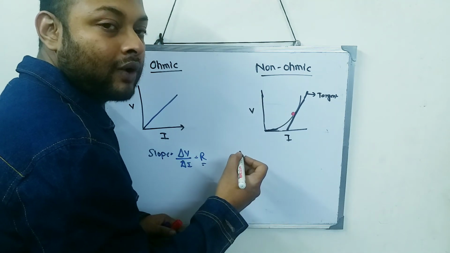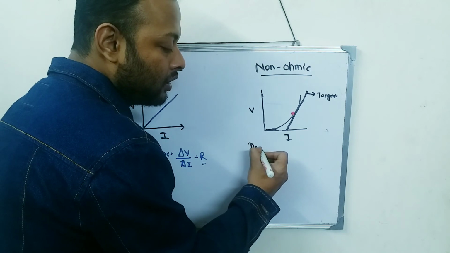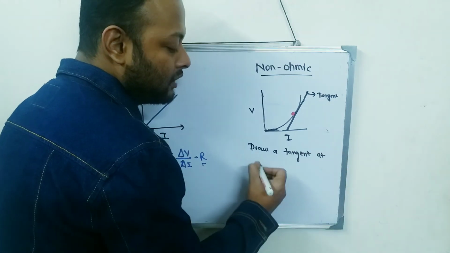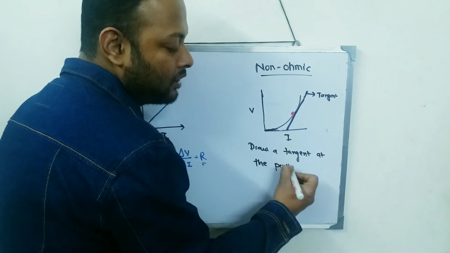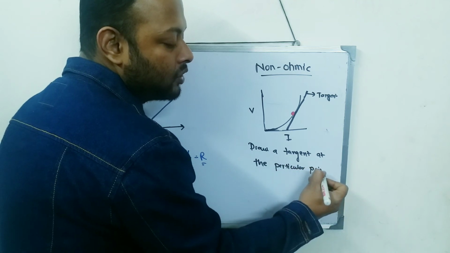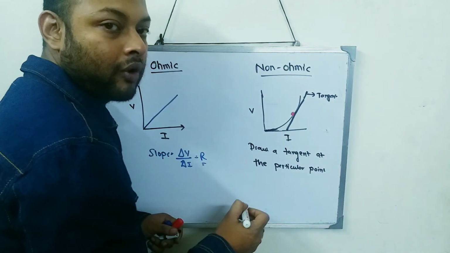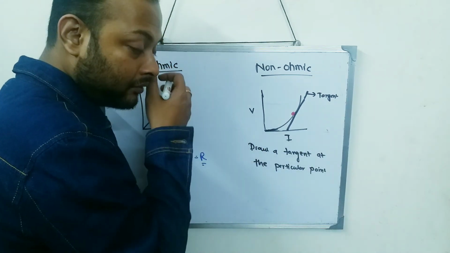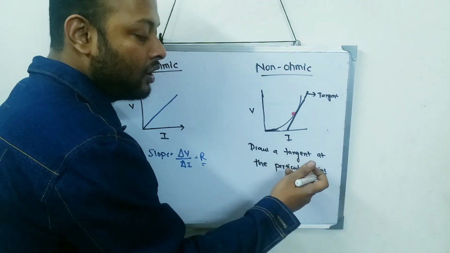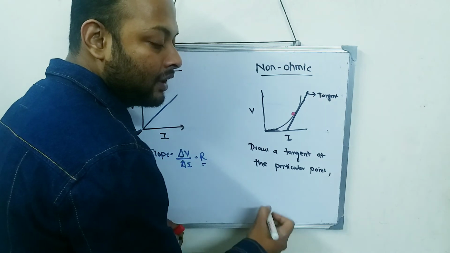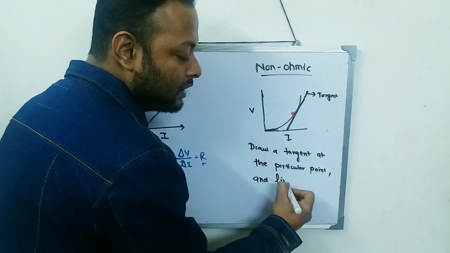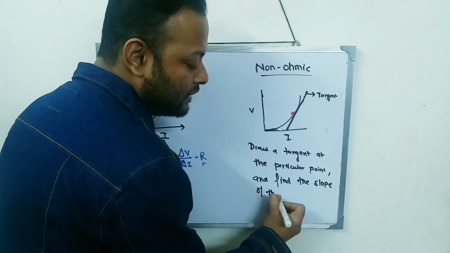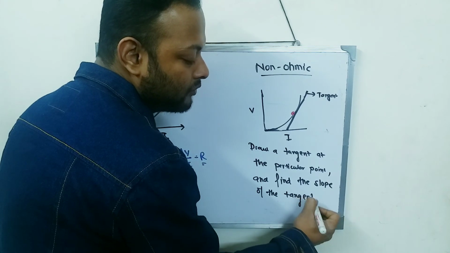So for a non-ohmic conductor, we have to draw a tangent at the particular point where I need to find the value of resistance. We draw the tangent at that point and find the slope of the tangent.